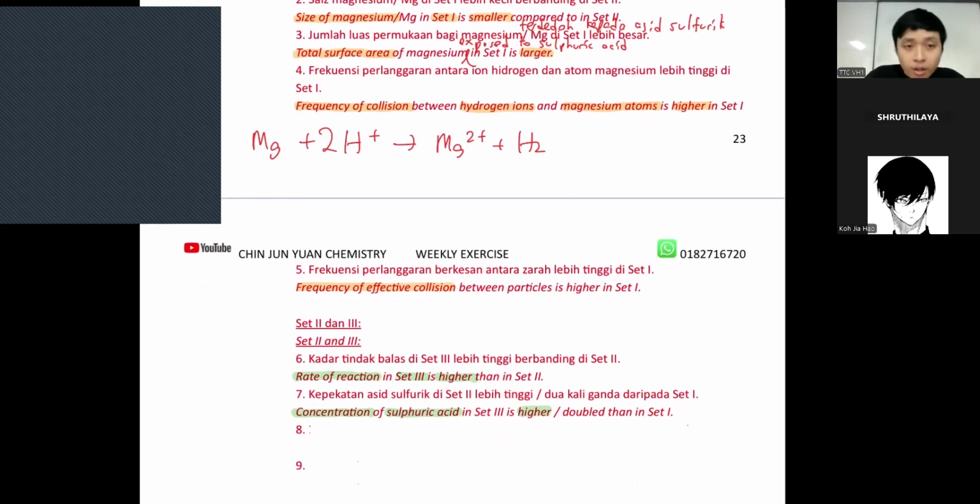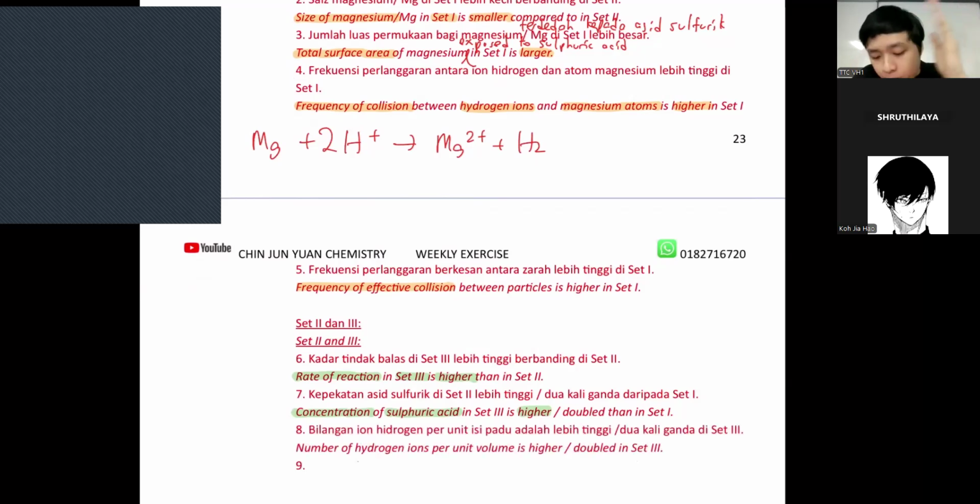Now for concentration, after the sentence, many people forget. It's the number of particles per unit volume. But the particle here is the acid particle, mainly focused on H plus. So you can say number of hydrogen ions per unit volume is higher in set 3.